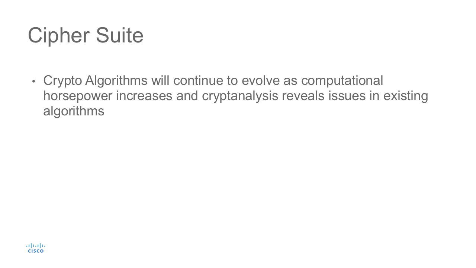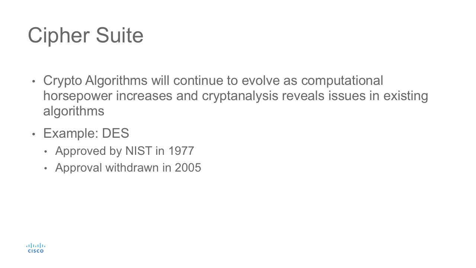A real life example of this is the Data Encryption Standard, or DES. Now, this particular encryption algorithm was approved by NIST back in 1977, so it's not a brand new protocol by any means. Its approval was withdrawn in 2005, and just prior to that, in 2001, AES was adopted by NIST as the standard protocol for encryption.